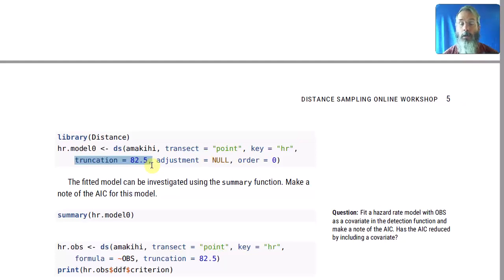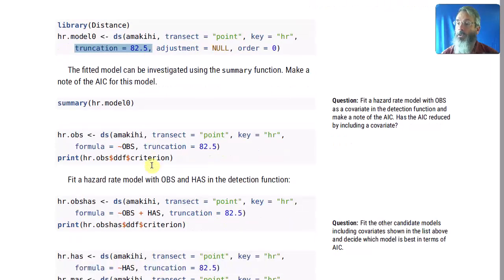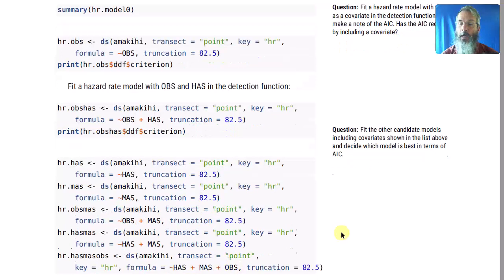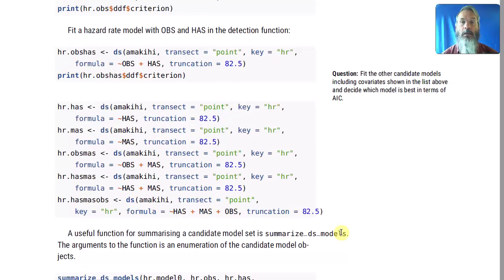We're going to truncate these point transect data consistent with the way in which Marsh et al. 2007 analyzed the same data set. So off we go, following the questions that are here in the margin, fitting many different detection functions from our candidate model set.